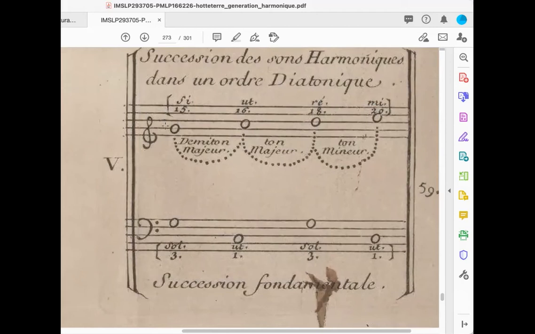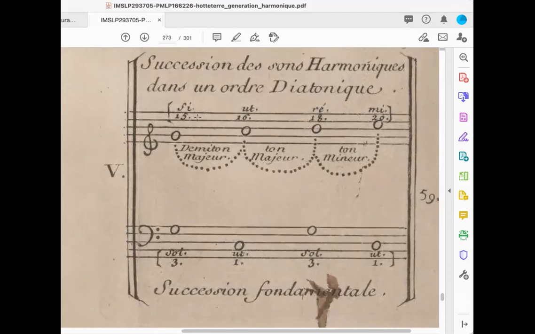Again, this is French violin clef. And that is, you may recognize it if you've studied Greek theory, the diatonic tetrachord of the ancient Greeks. A semitone on the bottom, and then 2 whole tones.